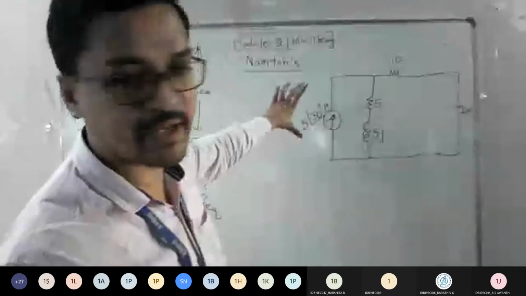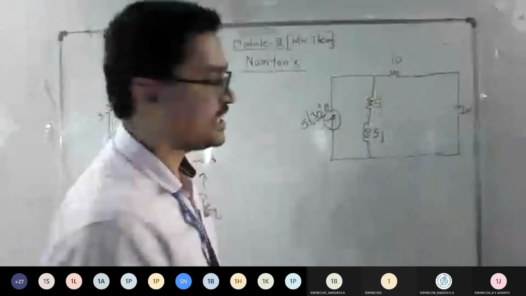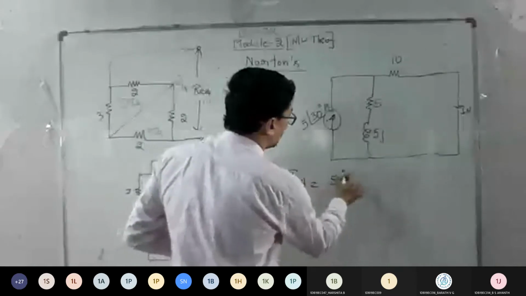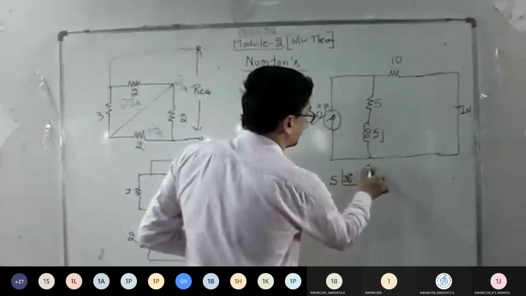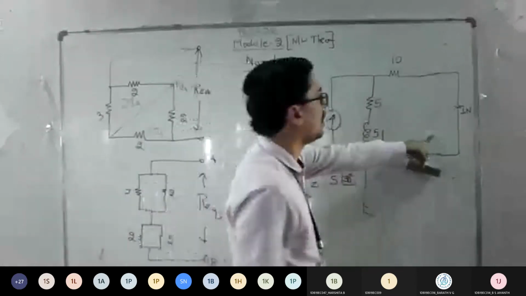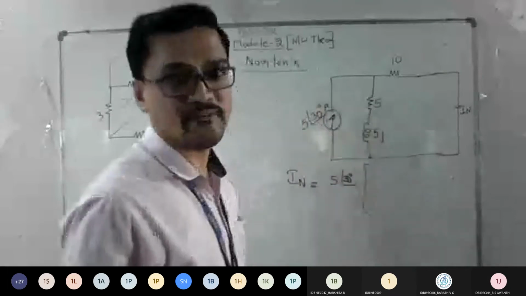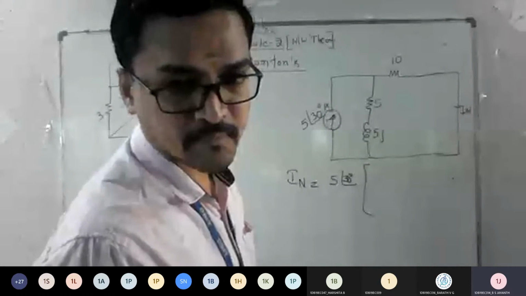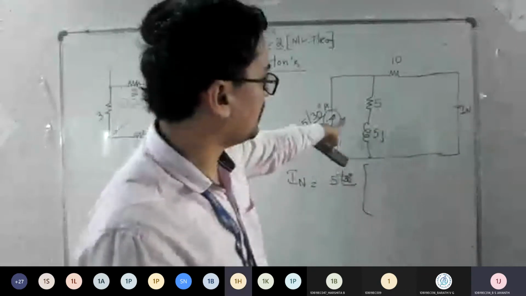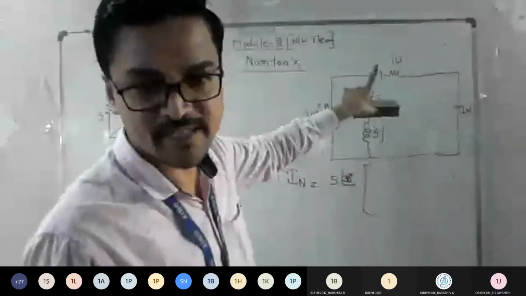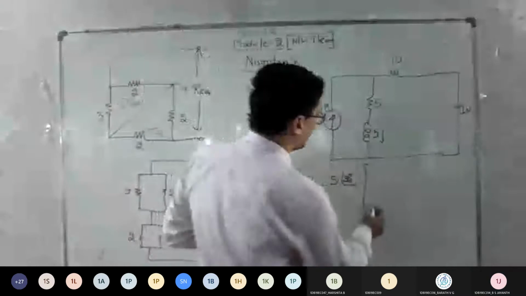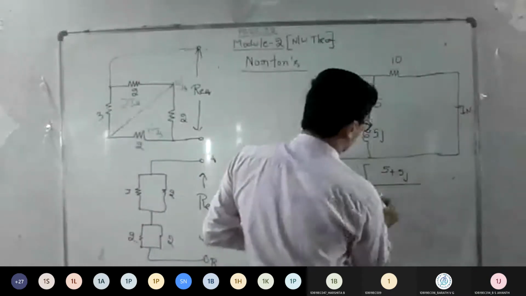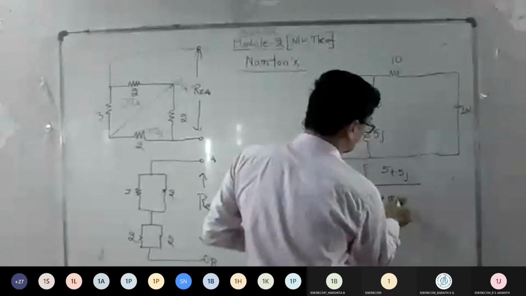Since you have only one main current and one branch current, go straight away with the formula. So branch current is equal to main current into the opposite resistor divided by the sum. For this, what is the opposite resistor? Is it only 5 or 5 plus 5J? 5 plus 5J, sir. Always remember you should take the complete impedance. So 5 plus 5J is called impedance. So 5 plus 5J opposite divided by the sum of the two.